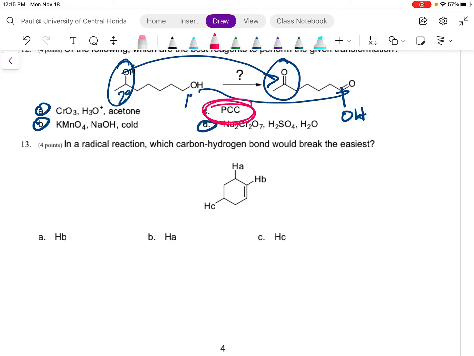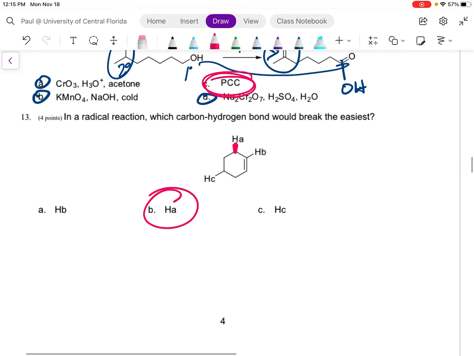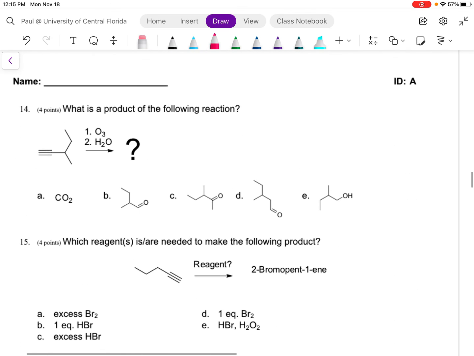13, that bond right here, that allylic position, that's the easiest bond to break. What is the product of the following reaction? Well, here we have to just remember what do alkynes and ozonolysis do? What does that turn into? If we take a look at this carefully, it would chop that bond off. And if that's carbon 1, that's carbon 2.